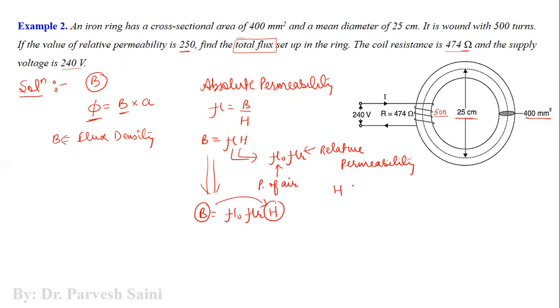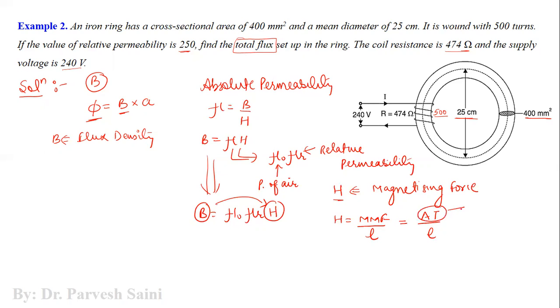So H is the magnetizing force, or it is also known as magnetic field intensity, H. And H is equal to the magnetomotive force divided by the mean length of the magnetic circuit. So we can also write AT divided by L. So that means we need to find out the number AT.